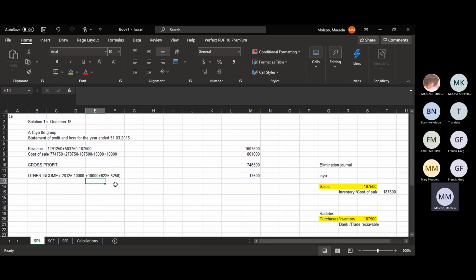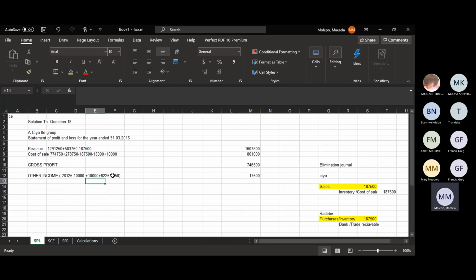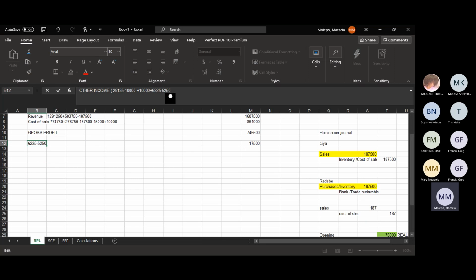Okay, there's another figure that I left: the preference shares. On the preference shares, we received the preference shares dividend from Hadebe.